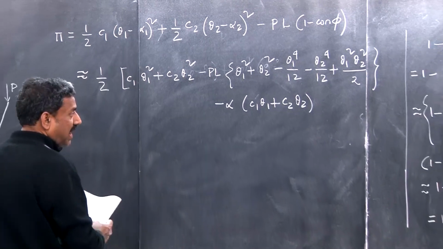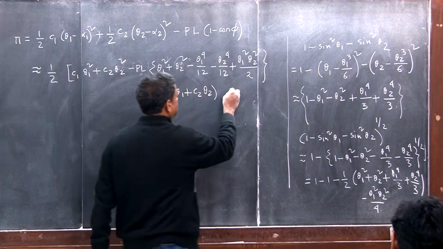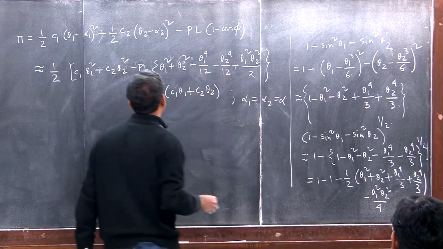We are assuming that alpha 1 is equal to alpha 2 is equal to alpha, okay, that is fine.